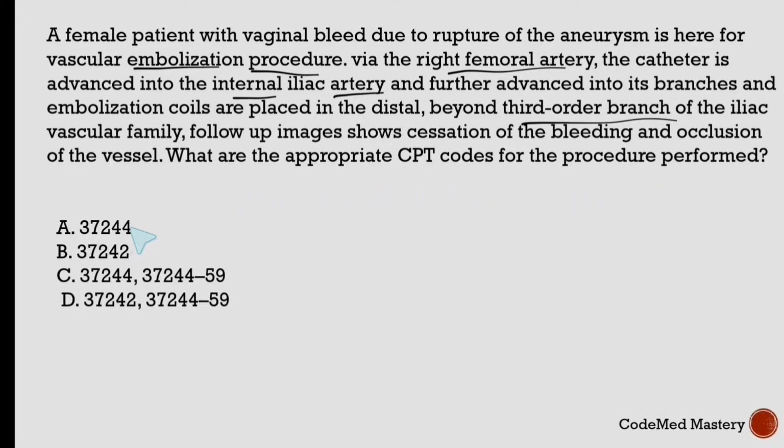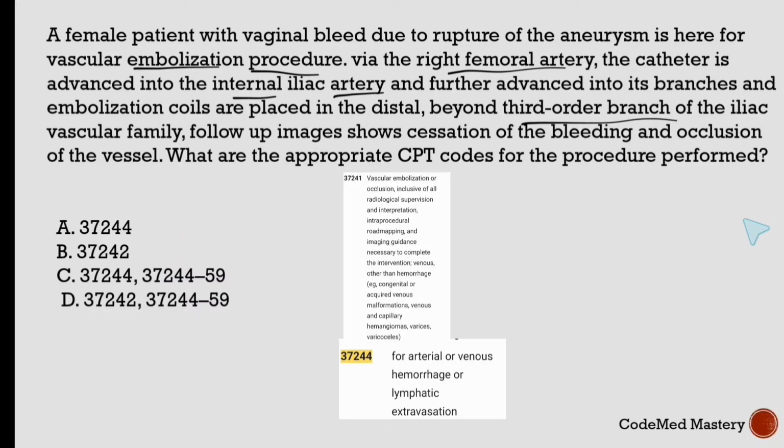Check option A, 37244. 37244 is for vascular embolization or occlusion, inclusive of all radiological supervision and interpretation, for arterial or venous hemorrhage or lymphatic extravasation. So here in the question you can see the patient with vaginal bleed due to rupture of the aneurysm is here for vascular embolization.